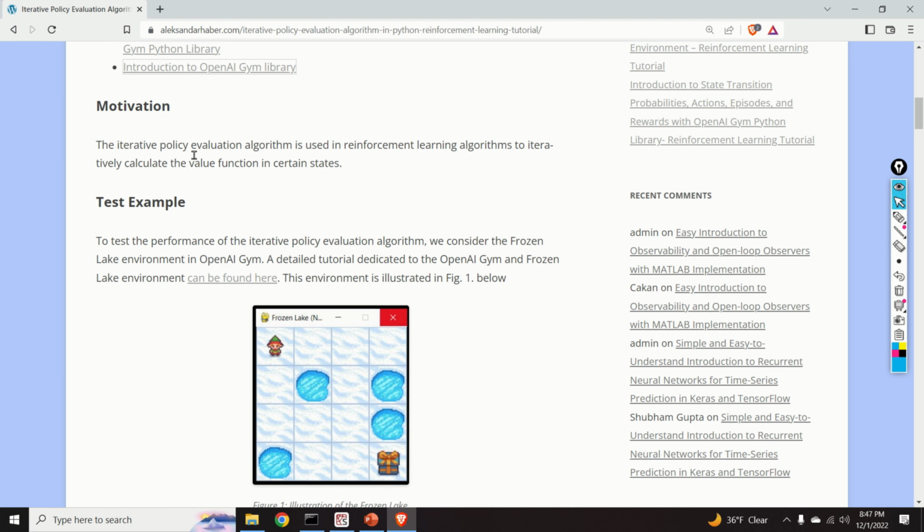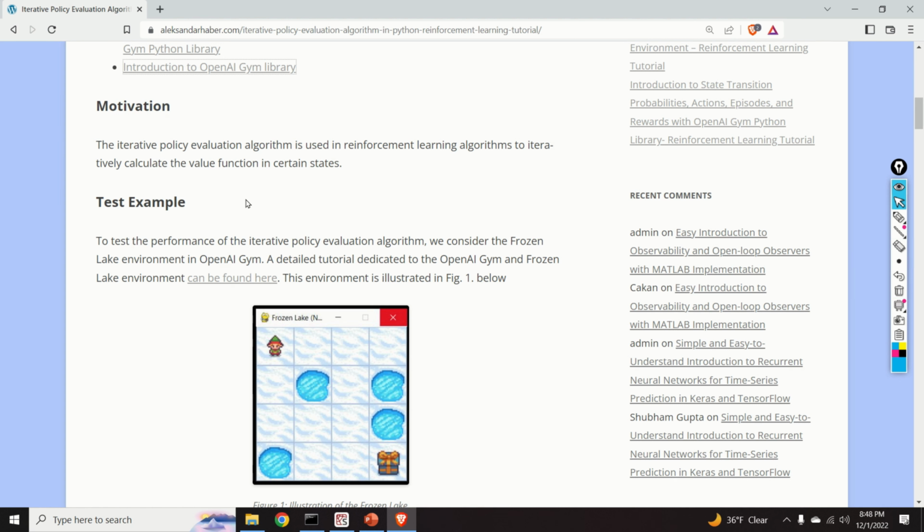Let us repeat this motivation once more, since it's very important from the beginning of this video that you get the main points. For a given policy, or better to say, for a given control policy, the iterative policy evaluation algorithm is used to iteratively calculate the value function at certain states.